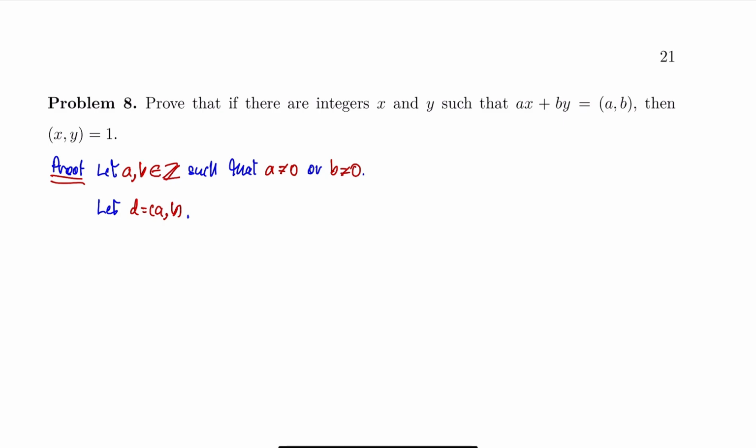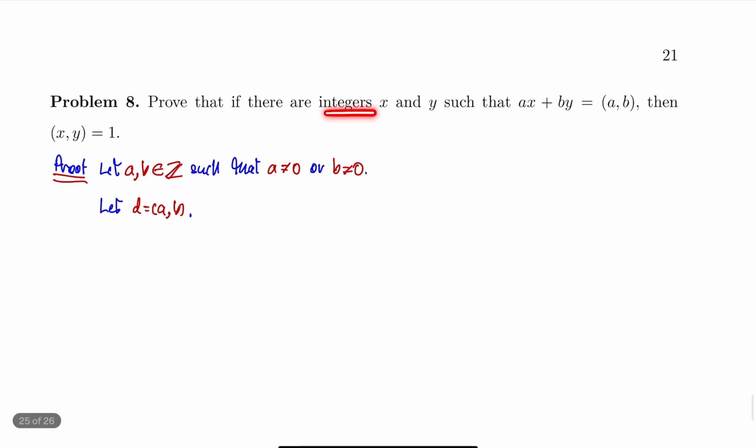greatest common divisor. This is the one we found in the theorem, maybe theorem 2.4.1. So according to the assumption, we assume that there exist integers x and y such that ax plus by is the greatest common divisor of a and b.